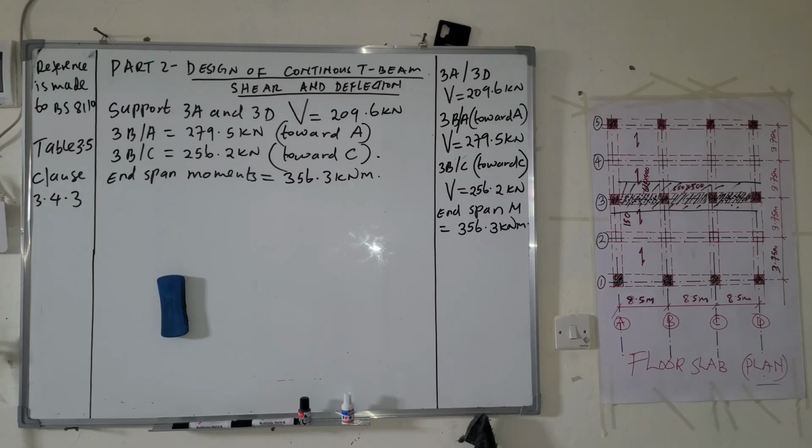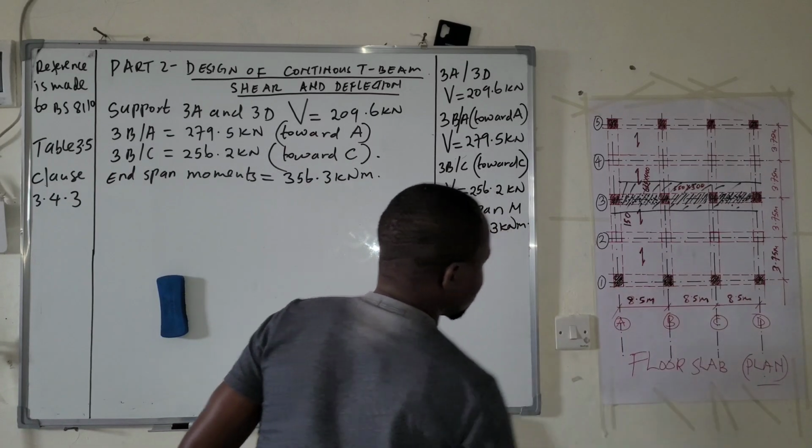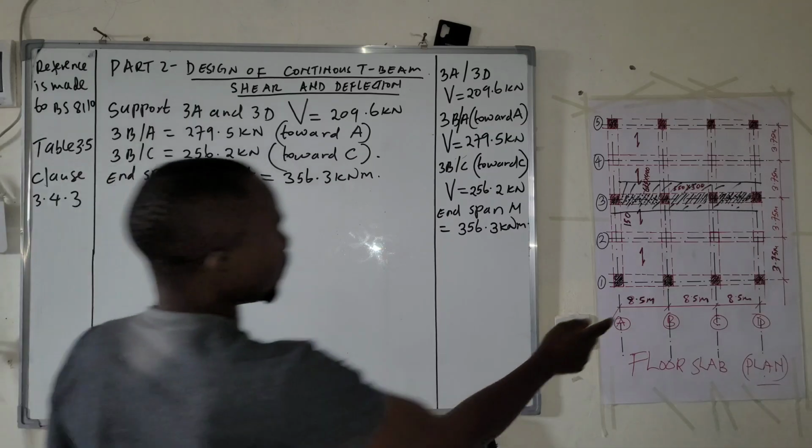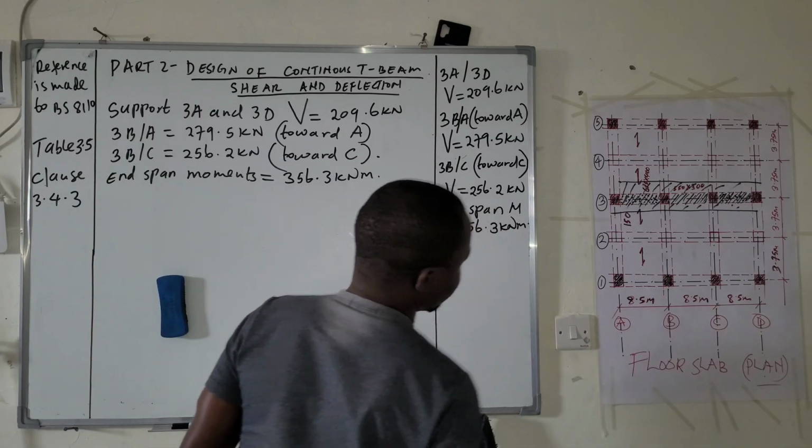The GK means the dead load, and the QK is the imposed load. Condition number two, the load should be substantially uniformly distributed over 3 or more spans. This is self-explanatory. As you can see, you have 3 spans, 1, 2, 3. Then the last one, spans are of equal length, as you can see, 8.5, 8.5, 8.5.